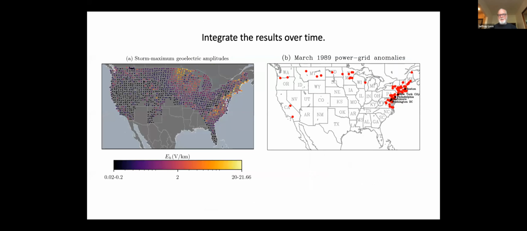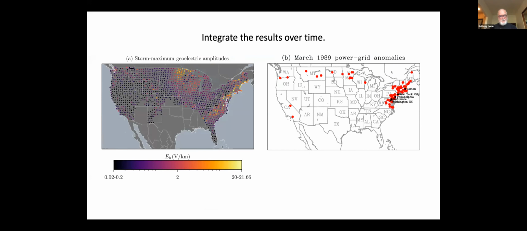All right, so we can take these results and we can integrate them over time and understand essentially what the hazard is. This is, insofar as hazard is kind of a summation of lots of different time varying effects. We can look at the maximum geoelectric field that was realized over the course of the storm for March 1989.